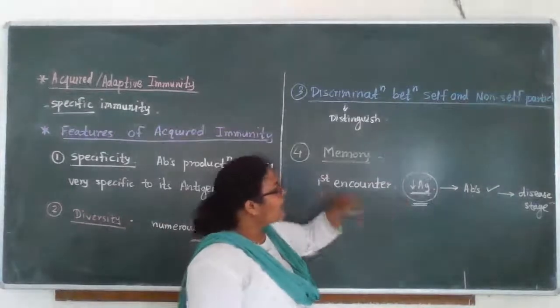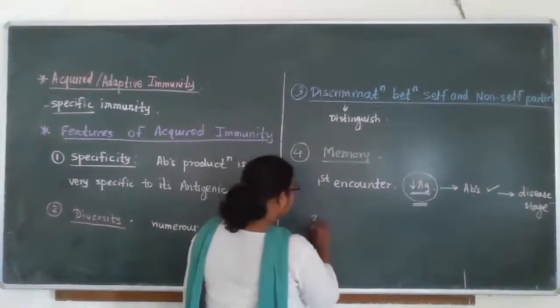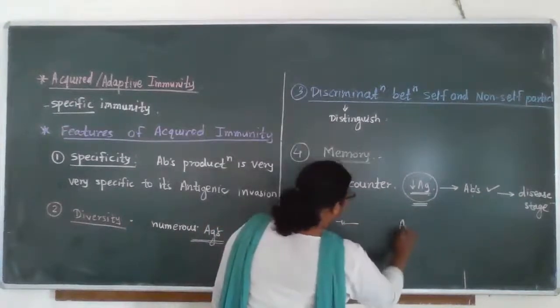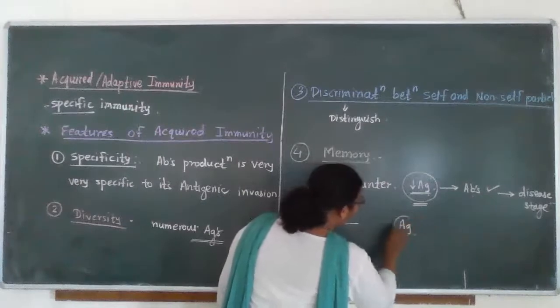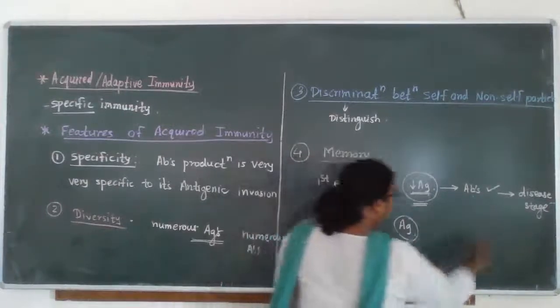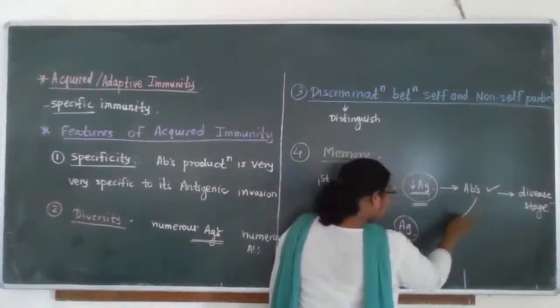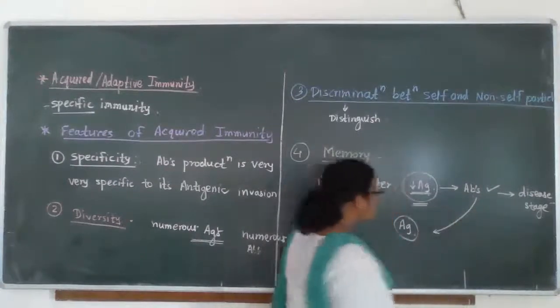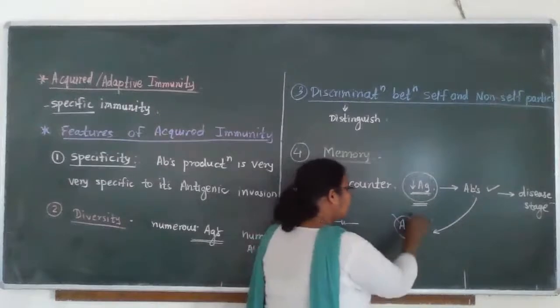And again, at the second encounter, when this antigen tries to invade our body, we have antibodies against it, so these antibodies work on it and destroy that antigen.